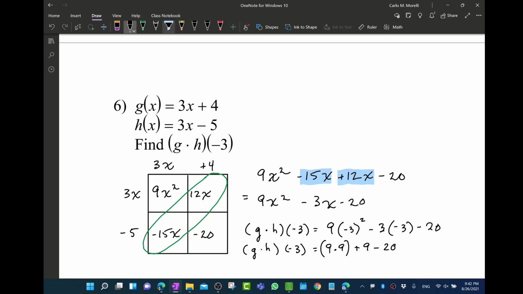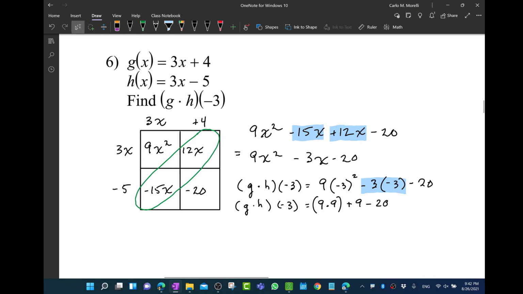Okay. Order of operations is really important here. You're multiplying these together first. So second to final step, g times h of negative 3 is equal to 81. And then 9 minus 20 is negative 11.